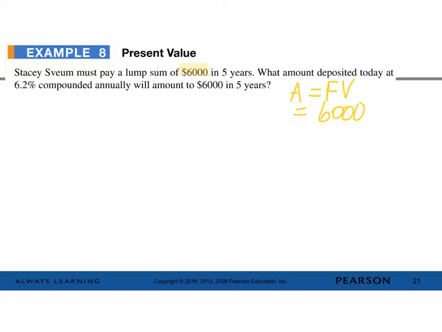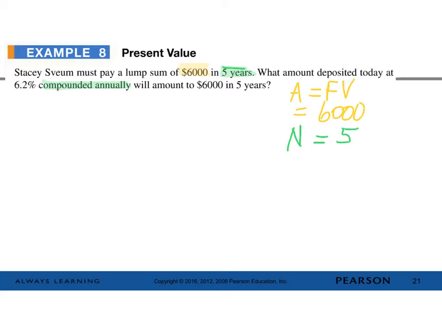And 5 years is the amount of time it's going to be compounded annually. So that means n then is going to be 5 times 1, or just 5.